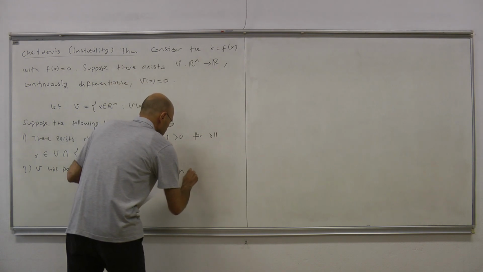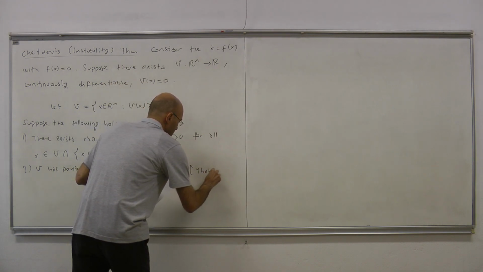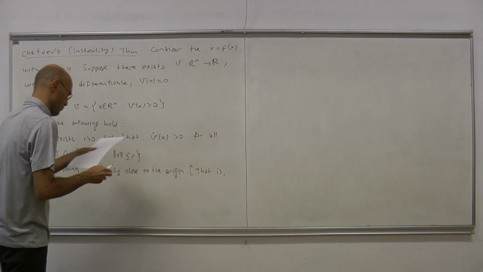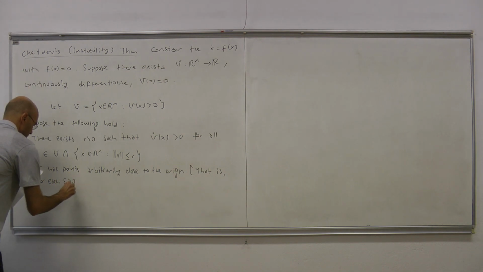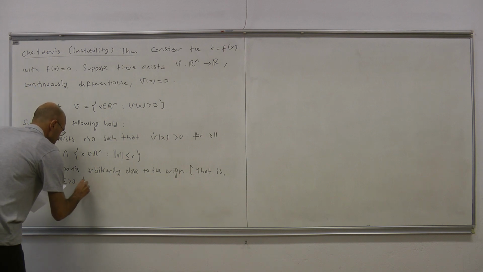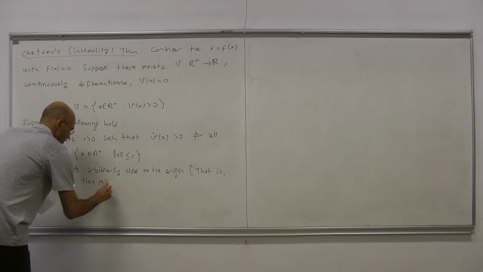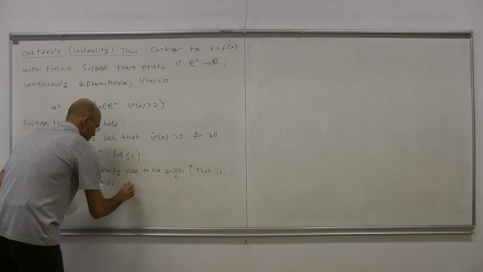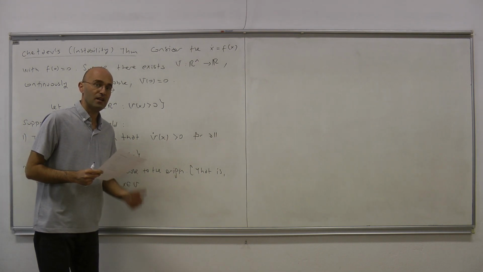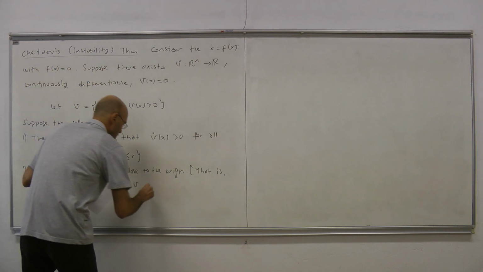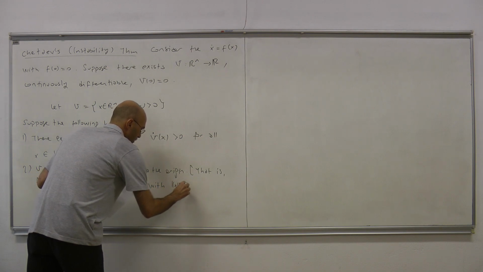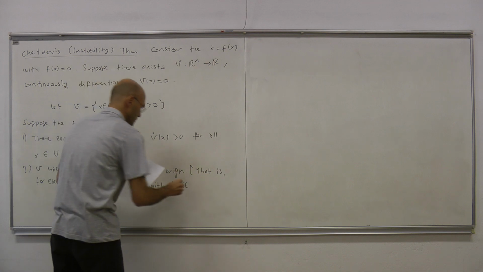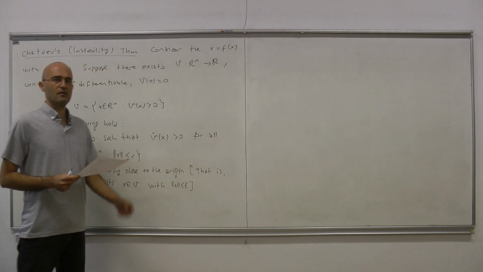That is, for each epsilon there exists a point x in U with norm of x less than or equal to epsilon.